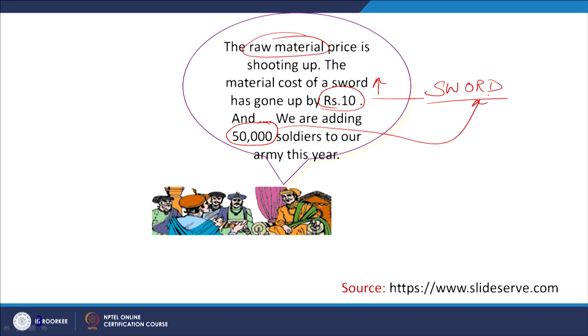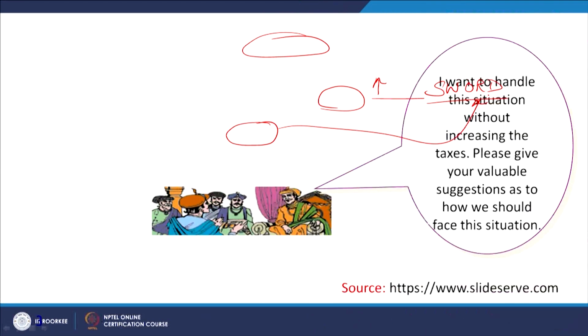Now what is the source of revenue for the king? Normally the source of revenue for the king are the taxes. Now he wants to handle this situation without increasing the taxes.